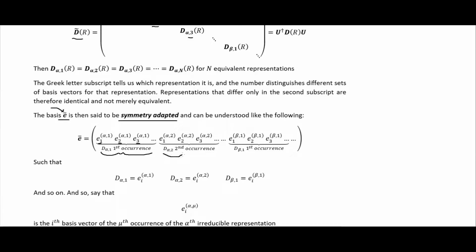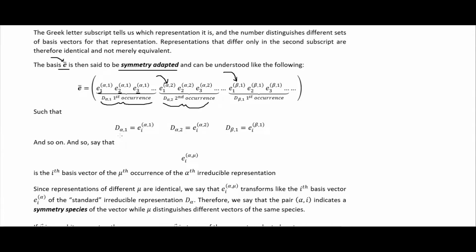Then we have this for the second occurrence, and we keep going until we get to the last occurrence of this alpha representation. Then we start with the beta representation and go through that until the end, and then the gamma one and so forth.